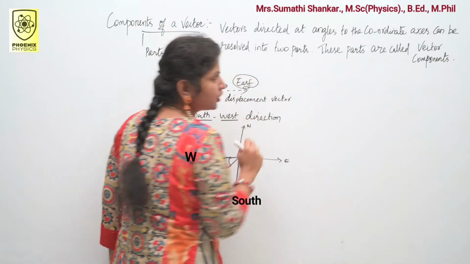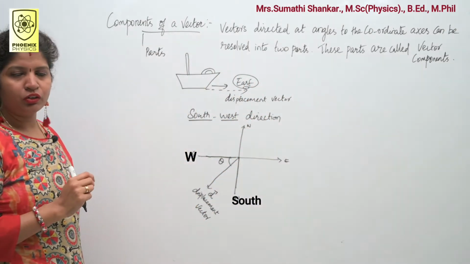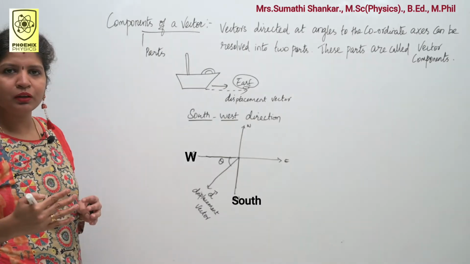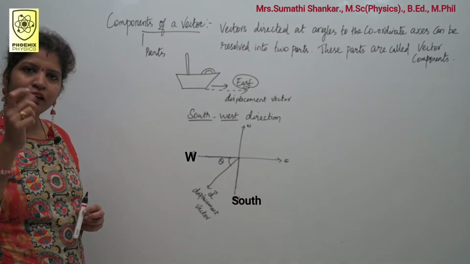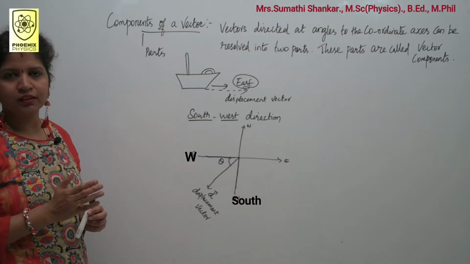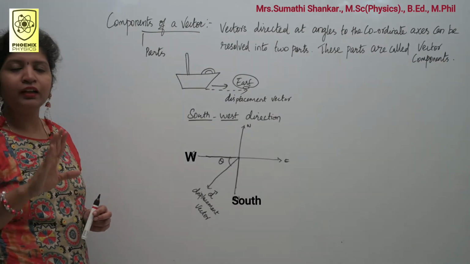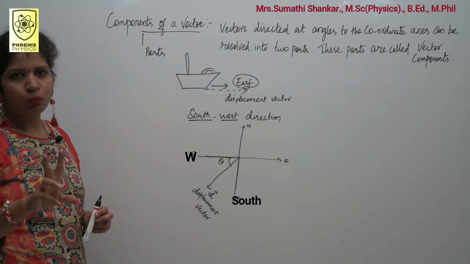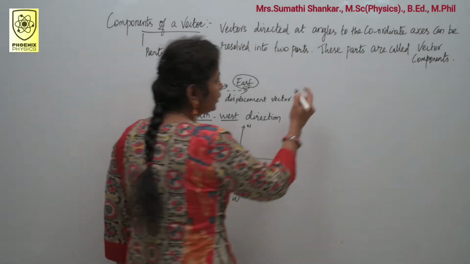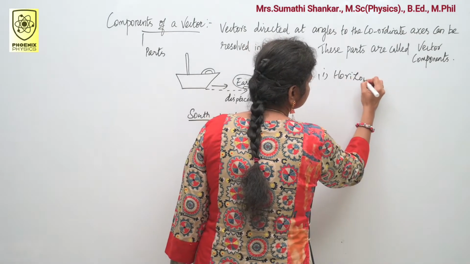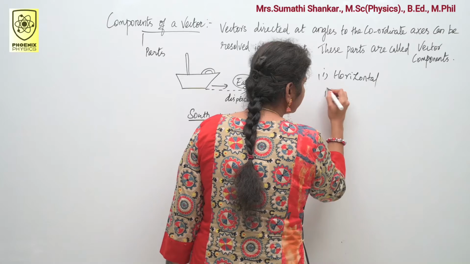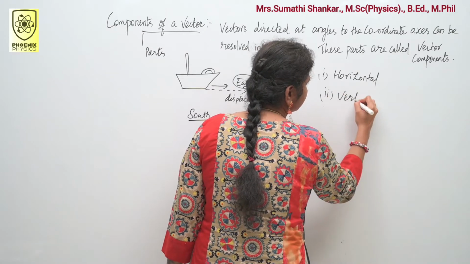These parts are called vector components. So components of a vector means nothing but parts of a vector. Suppose the vector makes an angle theta with the coordinate axis, that means the vector has two parts. One is the horizontal component, another one is the vertical component.